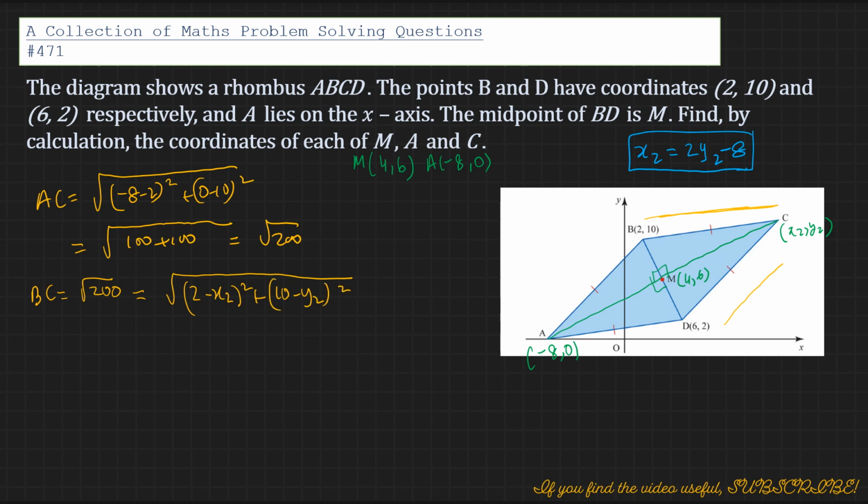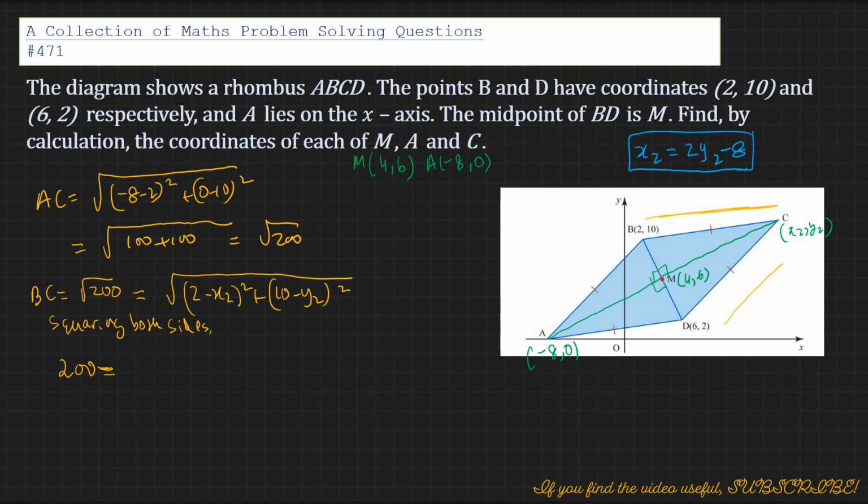Squaring both sides, we can say 200 equals, removing the brackets, 4 plus x2 square minus 4x2 plus 100 plus, but before that we can do something: instead of x2 we can put in x2 is 2y2 minus 8.